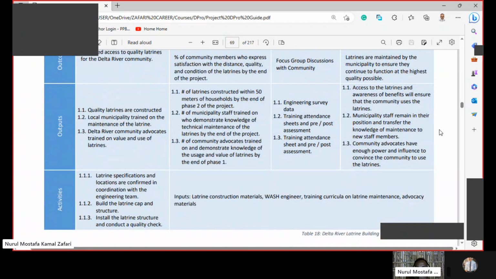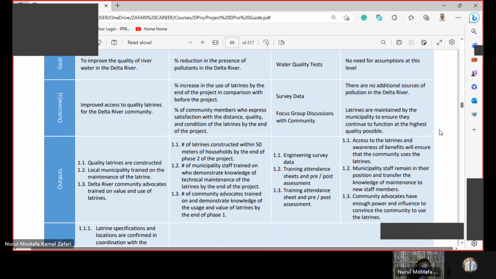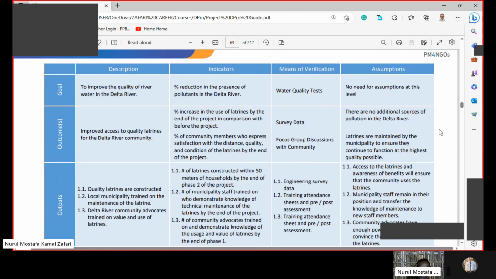So now you see the activities are the latrine specifications, latrine character structure, and store latrine. The inputs are latrine construction materials, WASH engineer, training curriculum, latrine maintenance, and legacy materials. So the activities are done, and we have nothing to indicate here for verification.